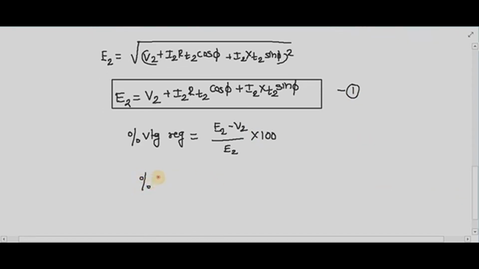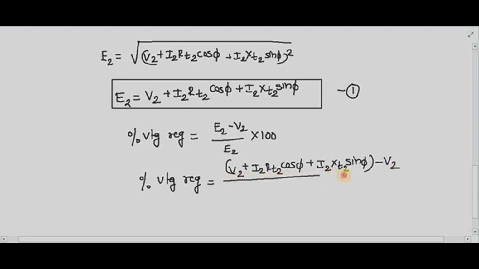What percentage voltage regulation will you get? Putting the value of E2, this is V2 plus I2 RT2 cos of phi plus I2 XT2 sine of phi, minus V2, divided by E2, into 100.